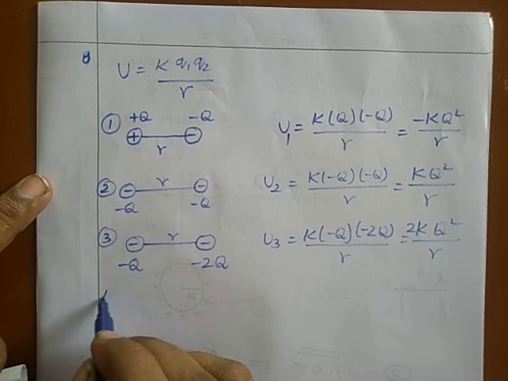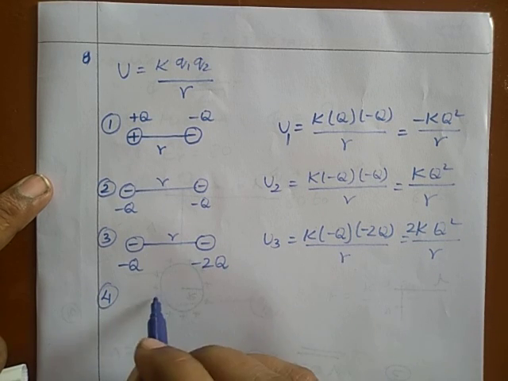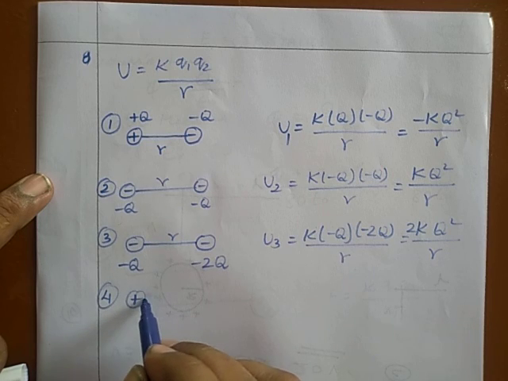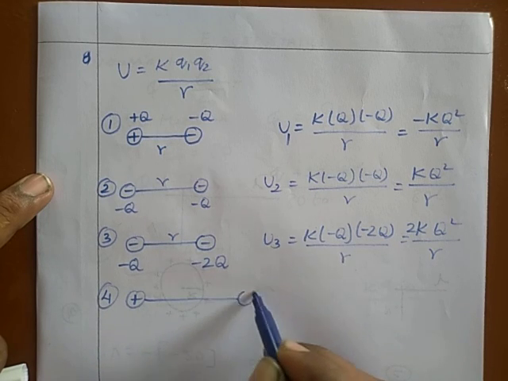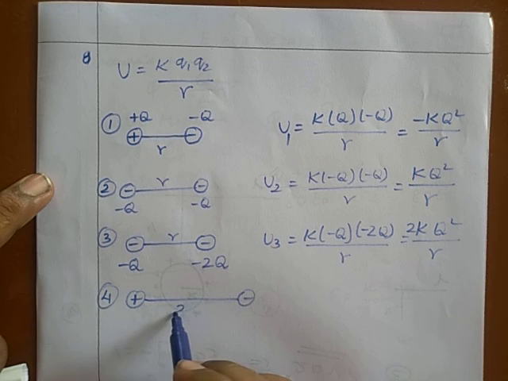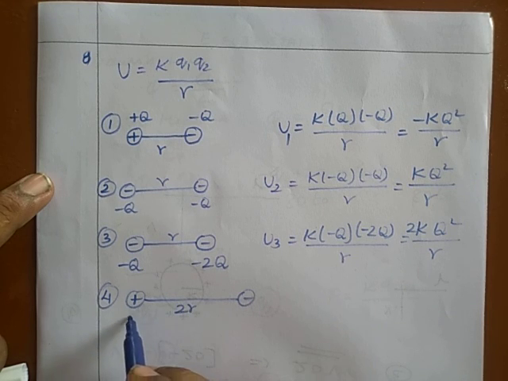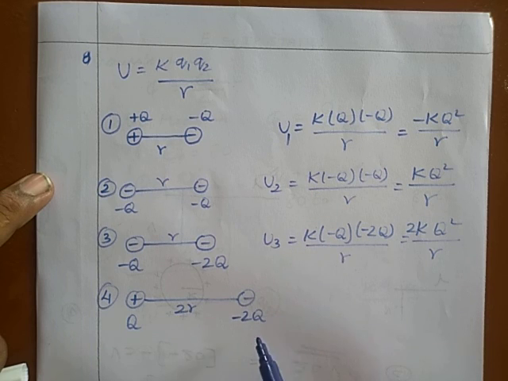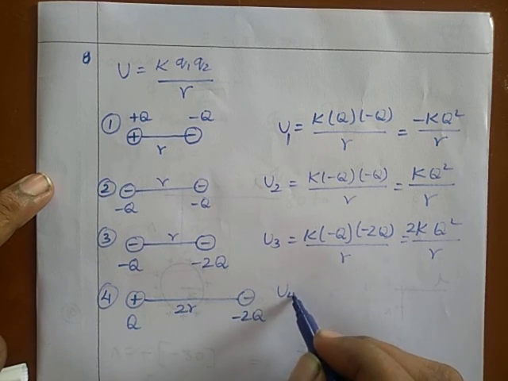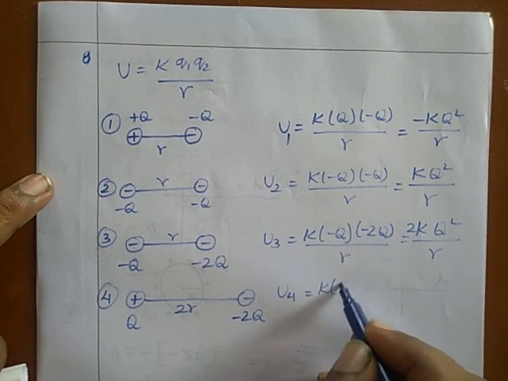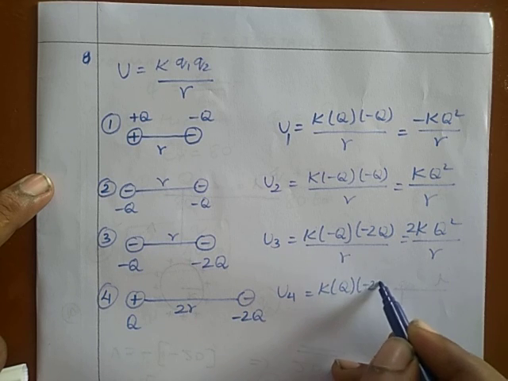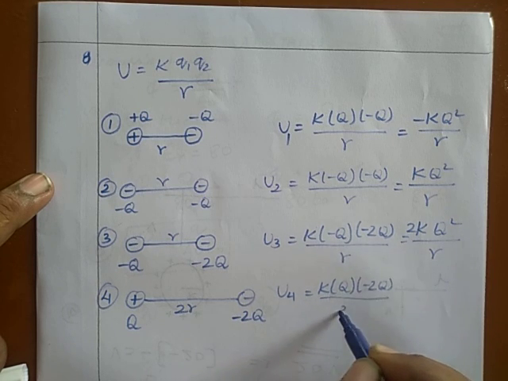Then the last one, the fourth case: plus Q and minus 2Q, separated by distance 2R. The magnitude is Q here, and here it is minus 2Q. For this case U4 is equal to K Q into minus 2Q divided by 2R.